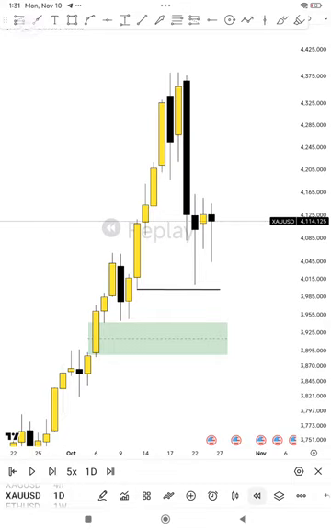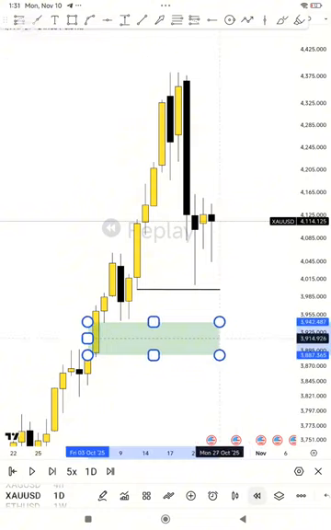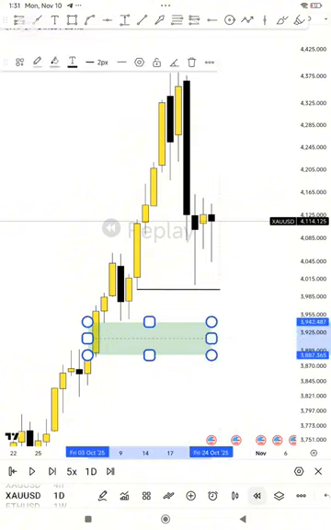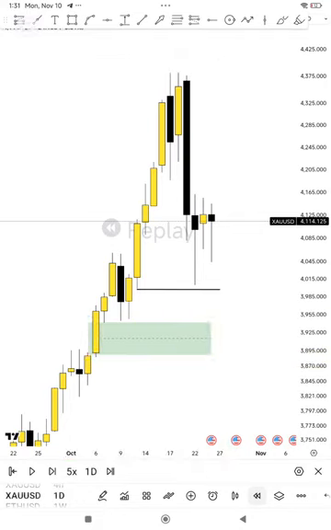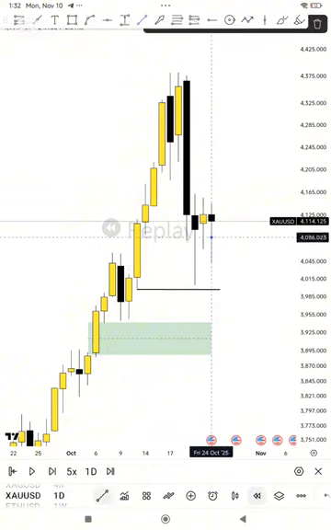Now look, you can clearly see that unfilled key level. So first we have to mark this key zone of weekly and daily.